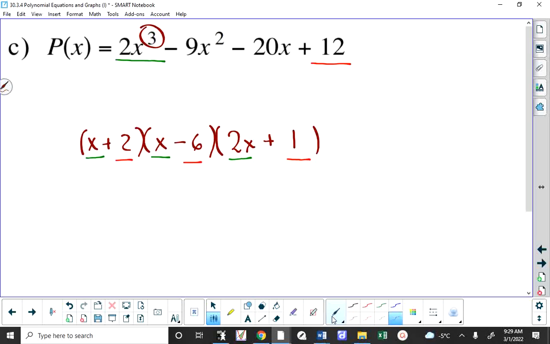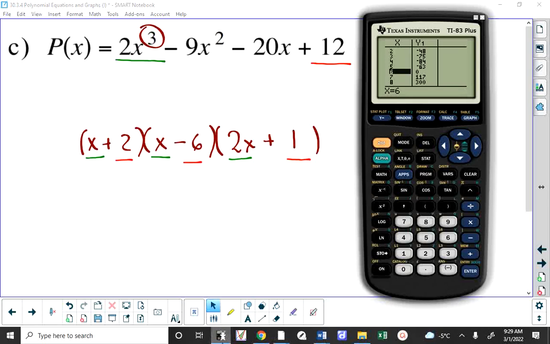Now, if you weren't going to take that approach, and you cannot take that approach if you have two more factors that are like that. Right? If you have two factors that give rational zeros, you can't just figure them out by looking at it. Then you would have to go to your graphing calculator, and Zoom standard is not necessarily the way to go.